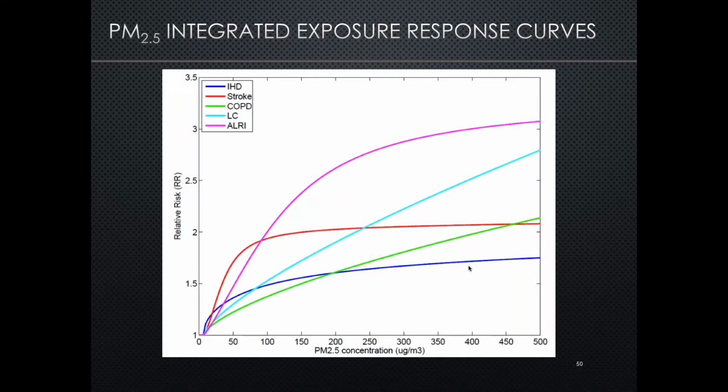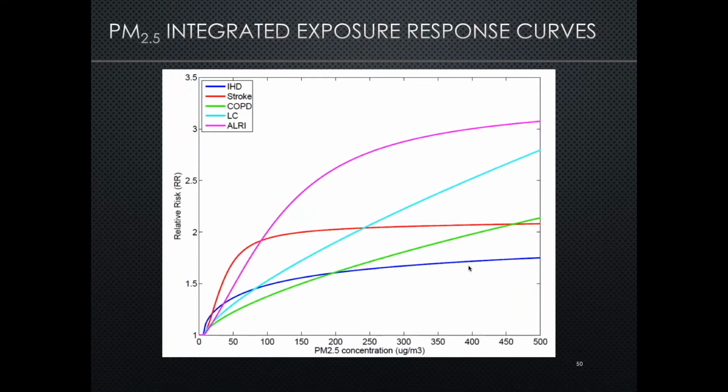So you see here different curves for different health outcomes, including IHD, ischemic heart disease, stroke, chronic obstructive pulmonary disease, lung cancer, and acute lower respiratory infection. And a key factor of these studies is the shape of the curve. So you see that, for example, the stroke and ischemic heart disease curves, the cardiovascular health outcomes, substantially flatten out at high concentrations over, say, about 70 to 80 micrograms per meter cubed, which is about where the inflection point is.